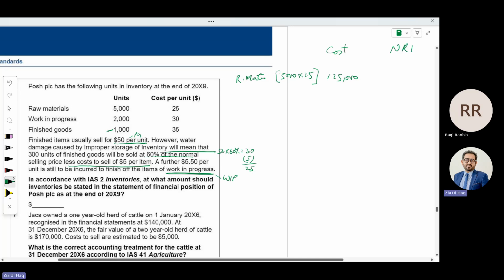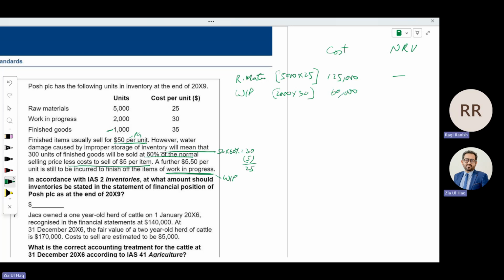And are we having any NRV? No. There is no NRV. For work in progress, what is the cost? 2,000 units at 30, we are having 60,000.